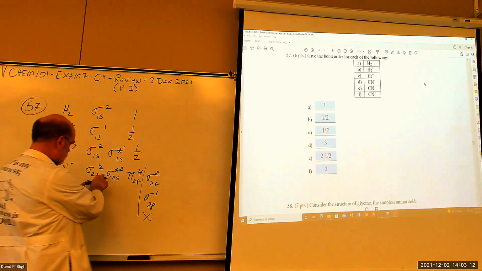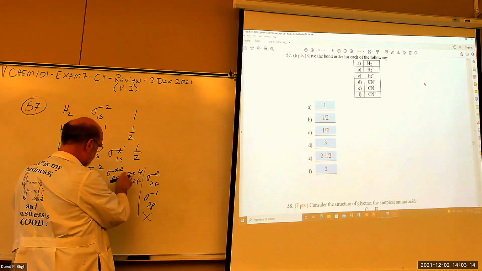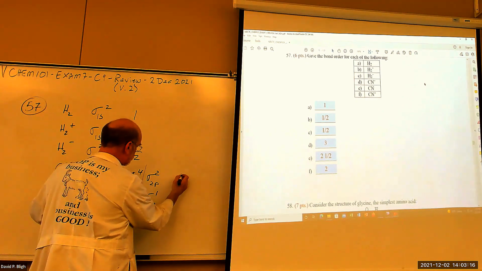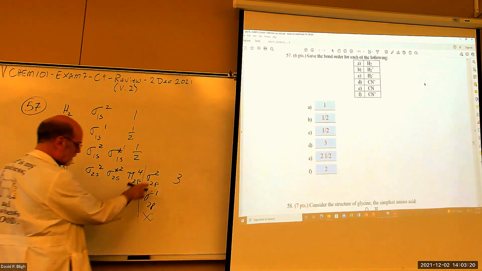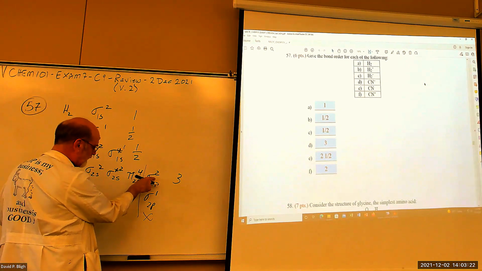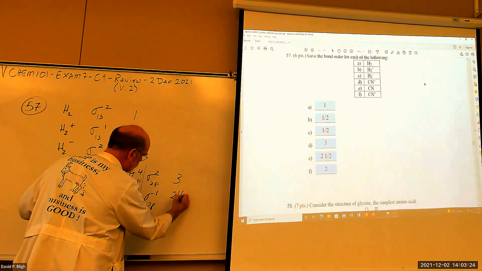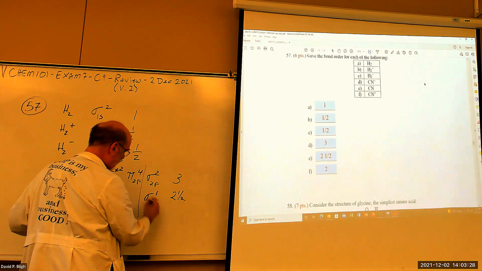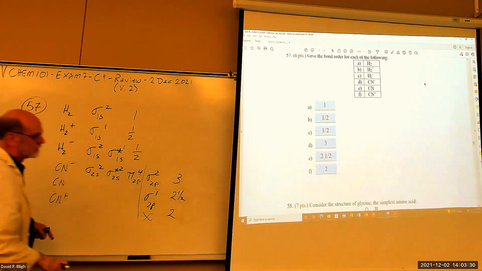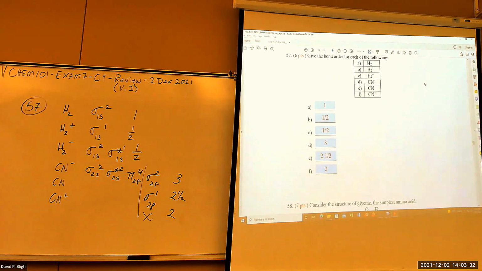This one is 2, 6, 7, 8 minus 2 is 6 divided by 2 is 3. Take away an electron comes from this one, a bonding orbital. So it's 2.5. Take away 2 more from the bonding order, it's only 2. So there you go, 1, half, half, 3, 2.5, and 2.